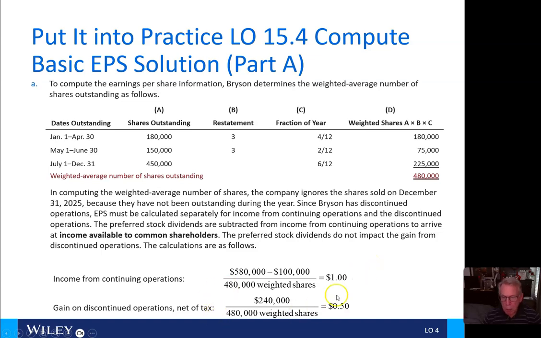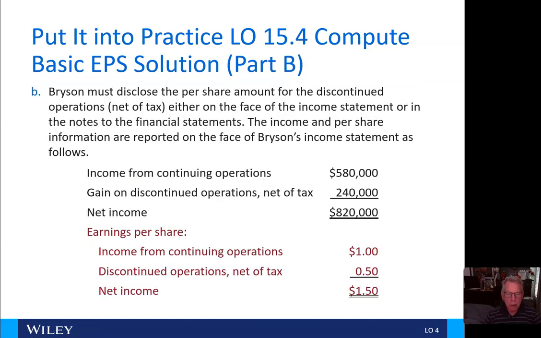per share. But we had a gain on discontinued operations of 240,000 net of tax. We'll divide that through by the weighted average shares, and that's 50 cents. So that means that we have net income per share of the sum of the two, $1.50. Okay.